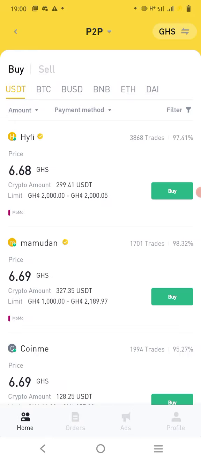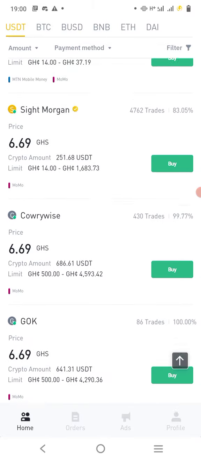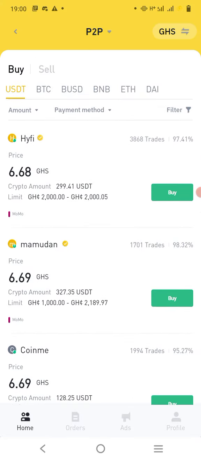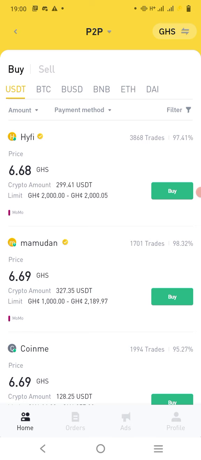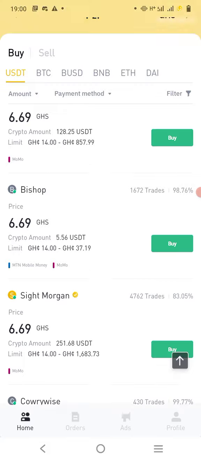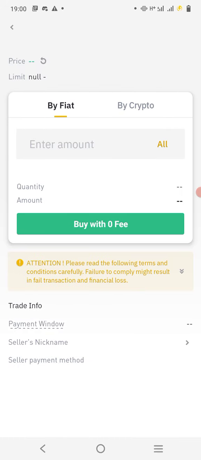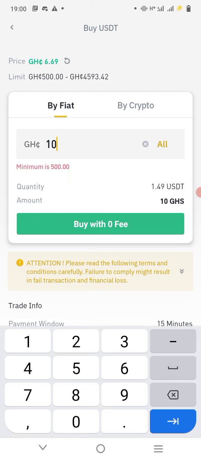If it's Momo that you want to use, and we are dealing with 10,000 GHS, we probably want to buy several times anyway. Let me just work with this person here. Let me choose something larger. I know we are dealing on 10,104.